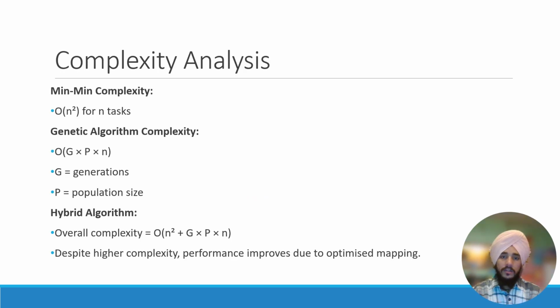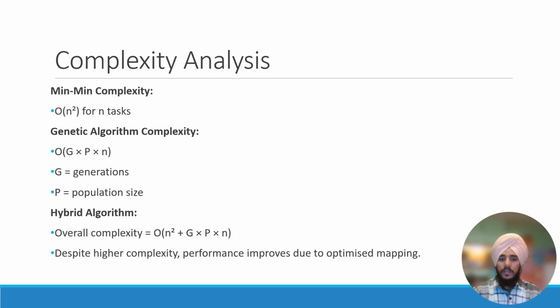However, complexity wise, the min-min stage is of order O(n), with n being the number of tasks. The complexity of the genetic algorithm is O(G × P × n), where G is the number of generations and P is the population size.